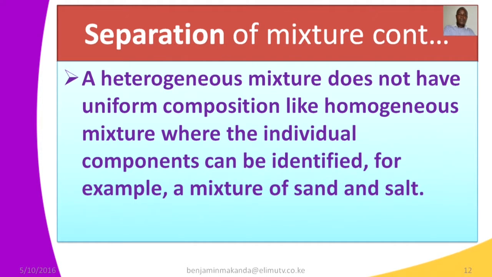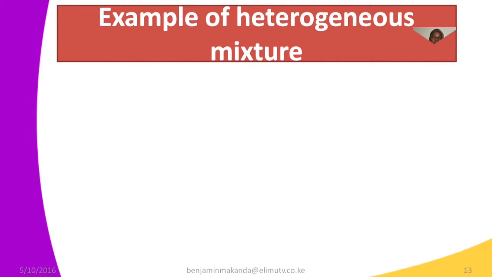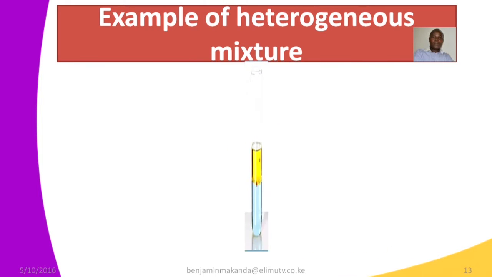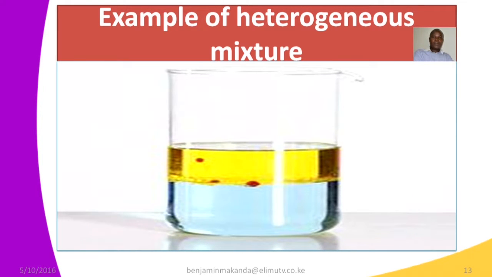We have an example here to help us understand this. You can see two layers, a distinct top layer and a lower layer. The individual components have retained their properties, and the components can be identified from the mixture.